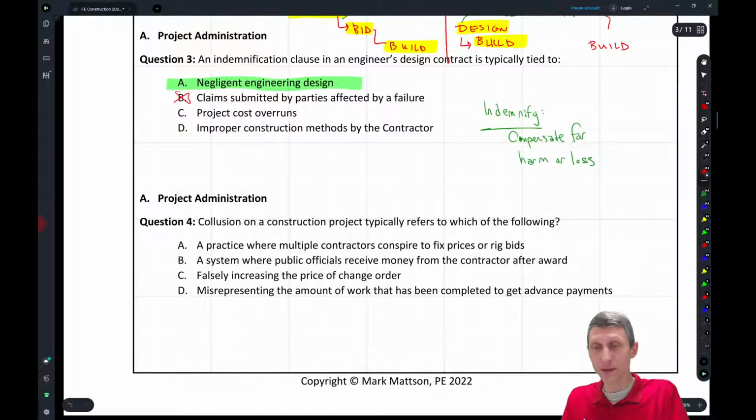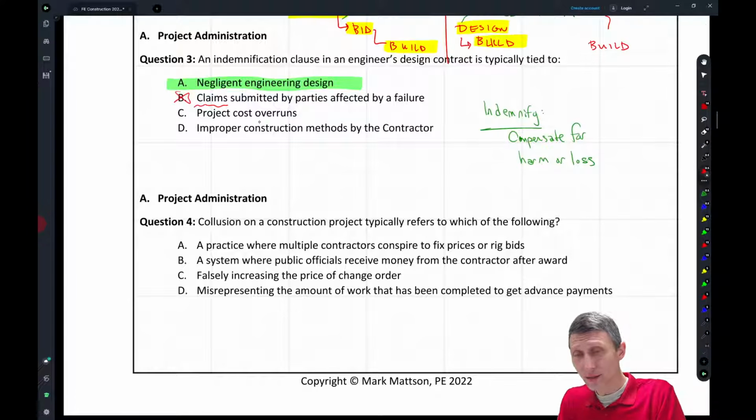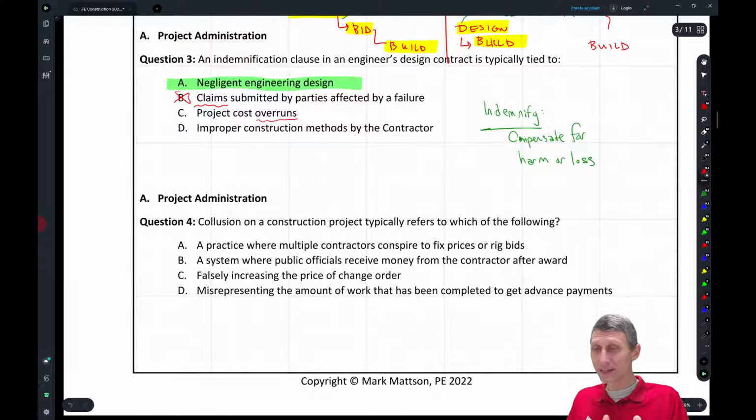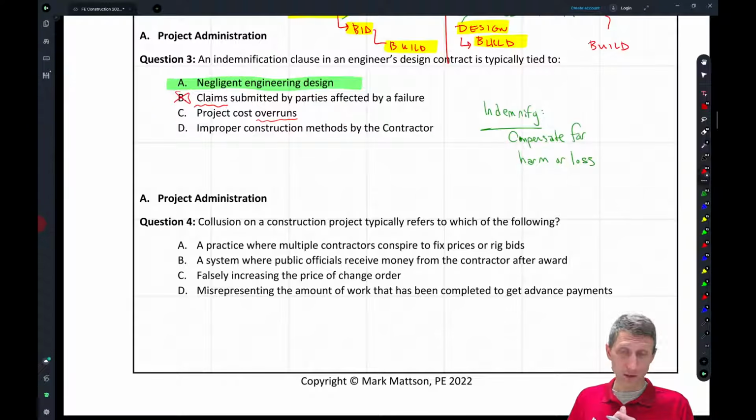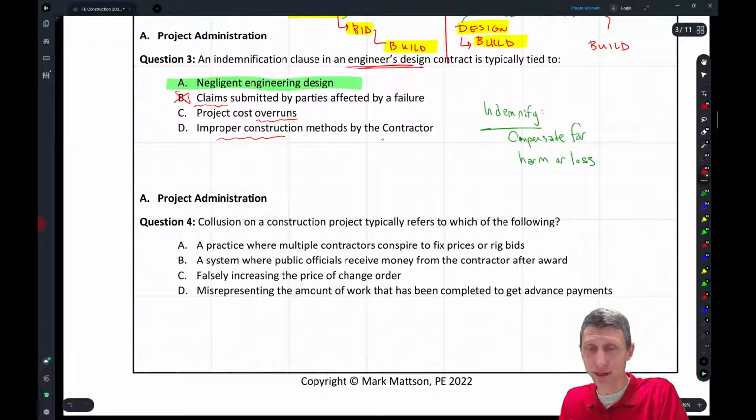Okay, and that's where I kind of threw the second one in there just to really throw it out. But claims, you've got to be careful of that. Attorney's fees do get thrown in because those are actual losses. Project overruns, right? Typically indemnification's not for a cost overrun. And typically indemnification's not for, again, this is an engineer's design contract.